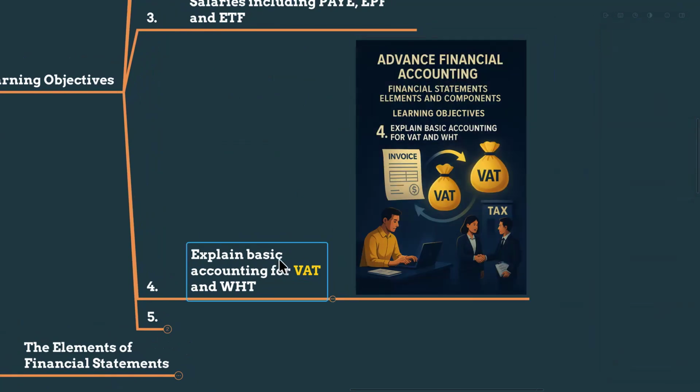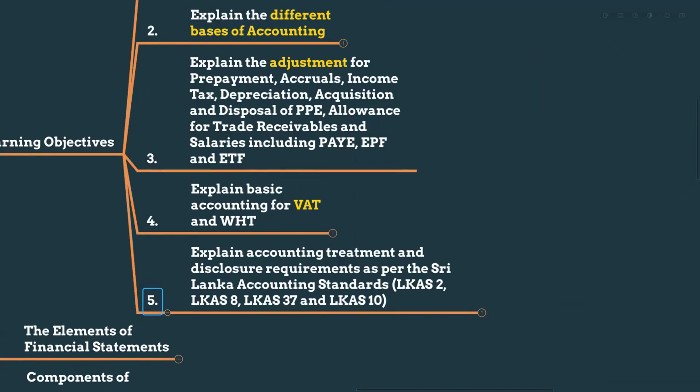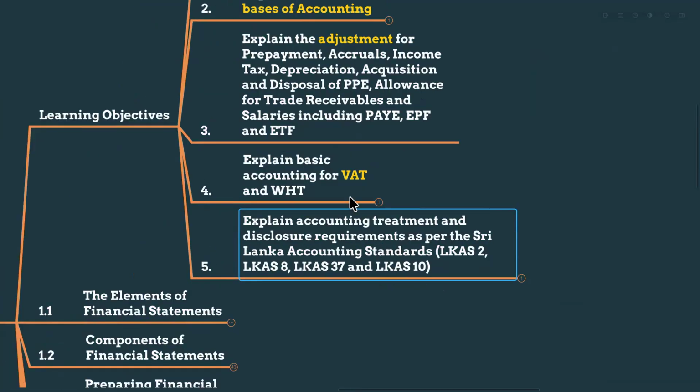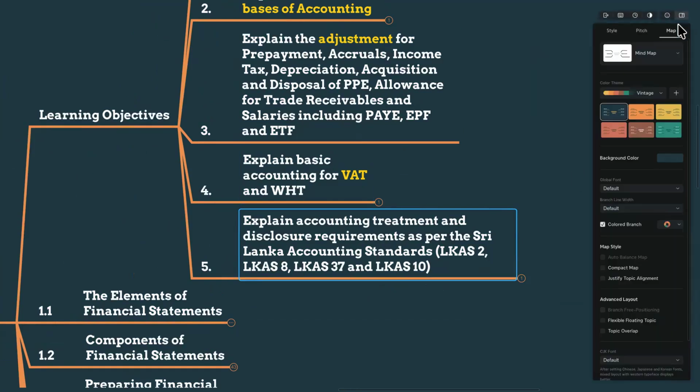I'll explain value added tax and how we can calculate the percentages. Usually this is just business mathematics: how we can deal with ratios as well as percentages. Whether VAT is included or excluded, we will study those things, and explain accounting treatment and disclosure requirements as per the Sri Lanka accounting standards.